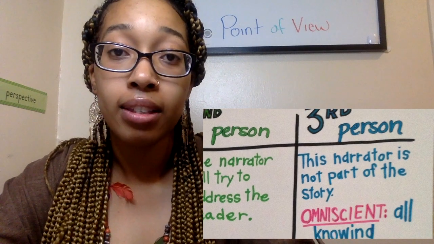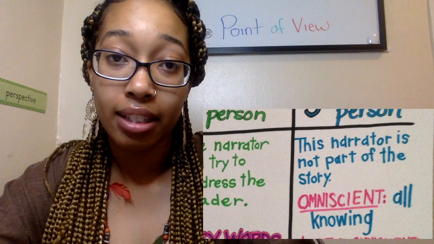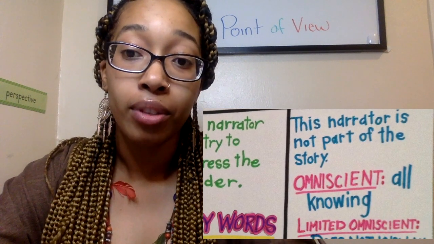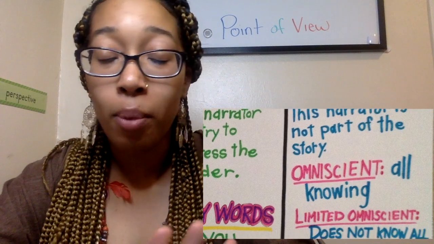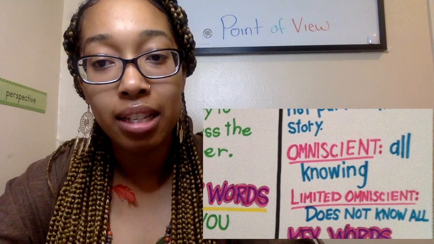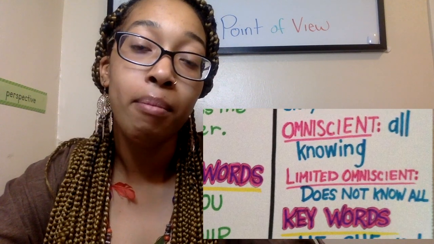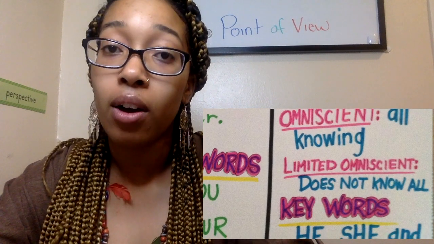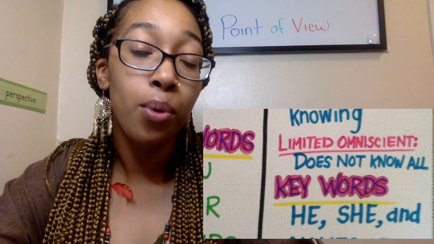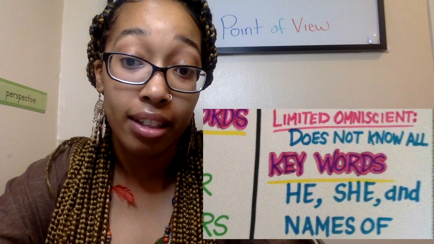You have something called omniscient and limited omniscient. If you are an omniscient narrator in the story, you're all knowing. You know all parts of the story as you are telling it. If you're only limited omniscient, you don't know every part of the story, so you might have somebody have a dialogue where they're talking back and forth, and then the author or whoever's telling the story is going to hop in and tell it how they see it.